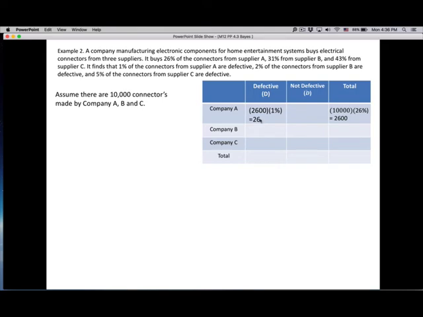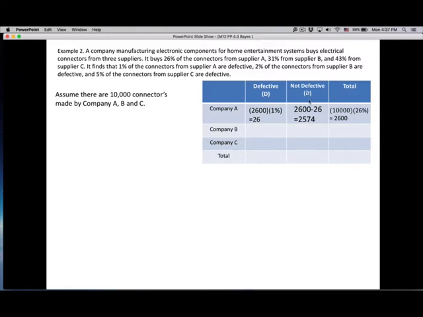Now you need to think about it. If the total connectors made by company A is 2,600 and 26 of them are defective, how many of them are not defective? You could subtract it, right? The total number of connectors made by company A minus 26 that are defective, so you're going to get this number.